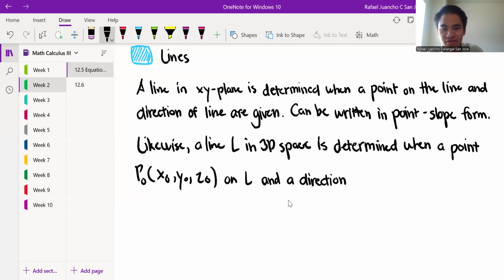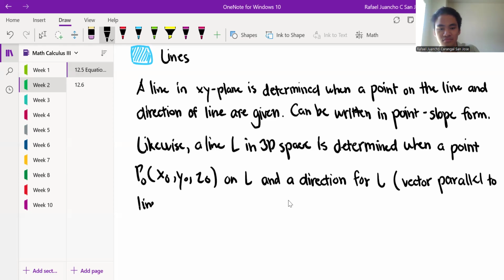We not only need a point, but we need some sort of direction that the point is going to, which is conveniently described by a vector parallel to the line. So we need a point and a direction, and that's a vector in this case.